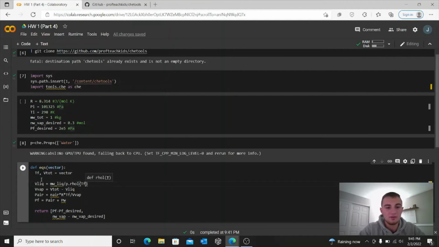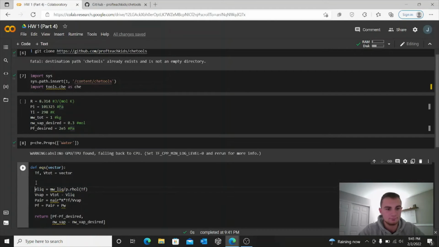So we want this density at the final temperature, so we can have that entered in. Okay. Now we also have a relationship for the mass of water in the liquid phase.